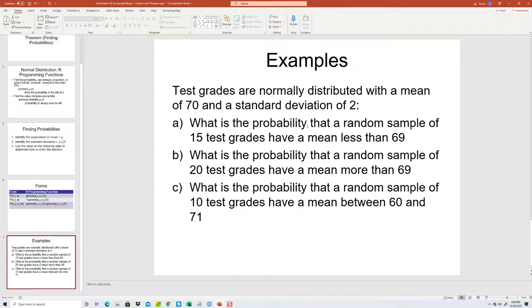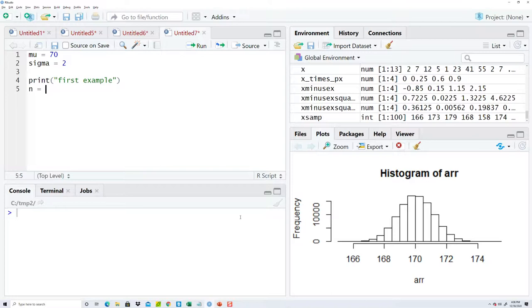For this one it says, what is the probability a random sample of 15 test grades have a mean less than 69? So n would be 15. And we're finding the probability that, and this is referred to as our sample mean, so x bar.